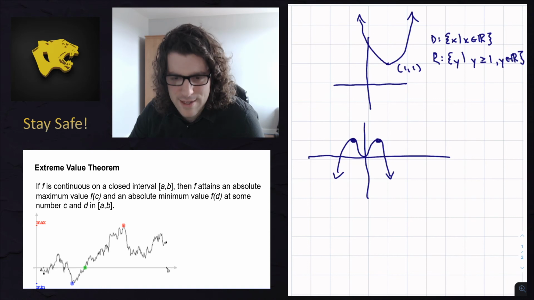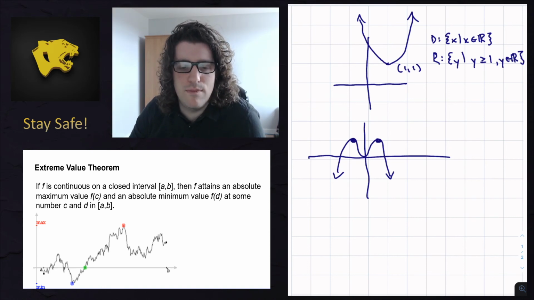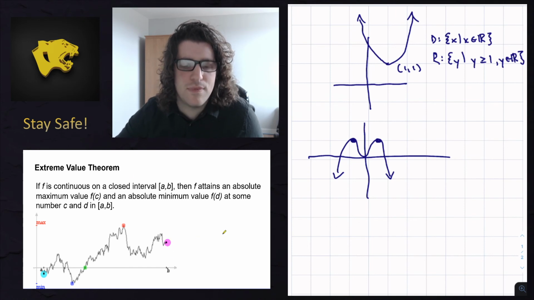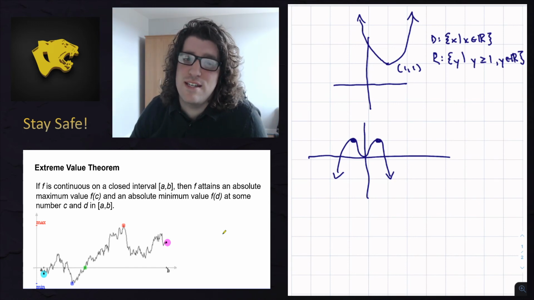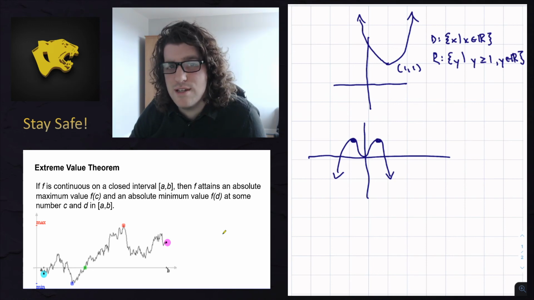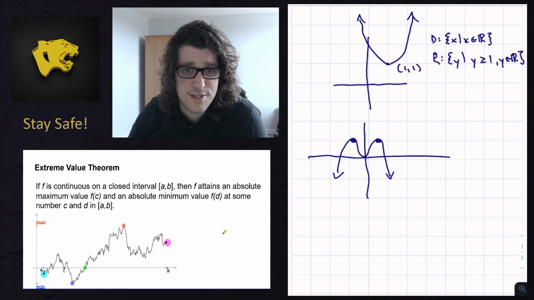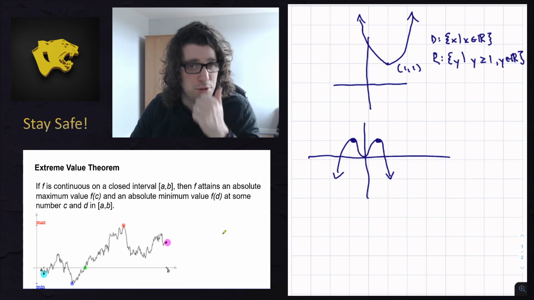All right, all that says is that if you take some big function, and in this case we took a big function that starts over here at a and ends over here at b, no matter what this function is, if it is continuous, which we talked about the definition of in the last video, meaning we can draw it without lifting our pencil, then there is, at some point along this function, an absolute maximum and an absolute minimum.